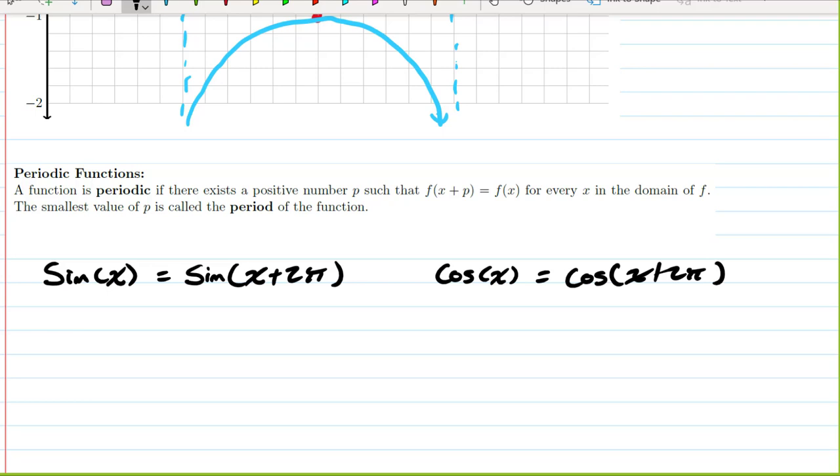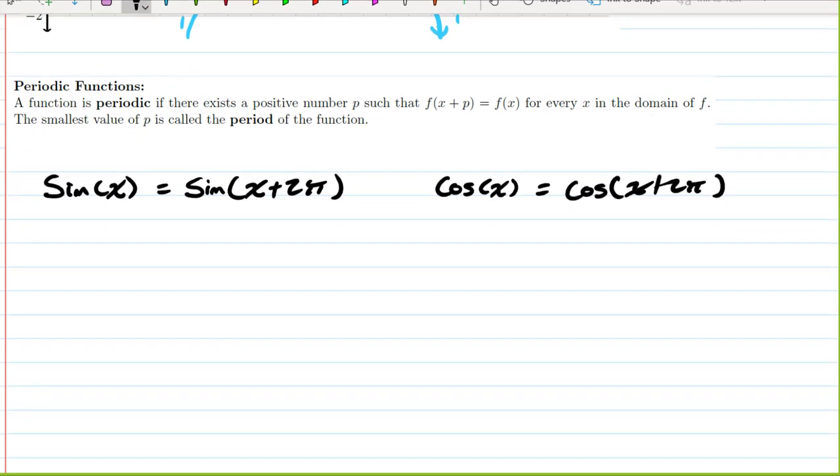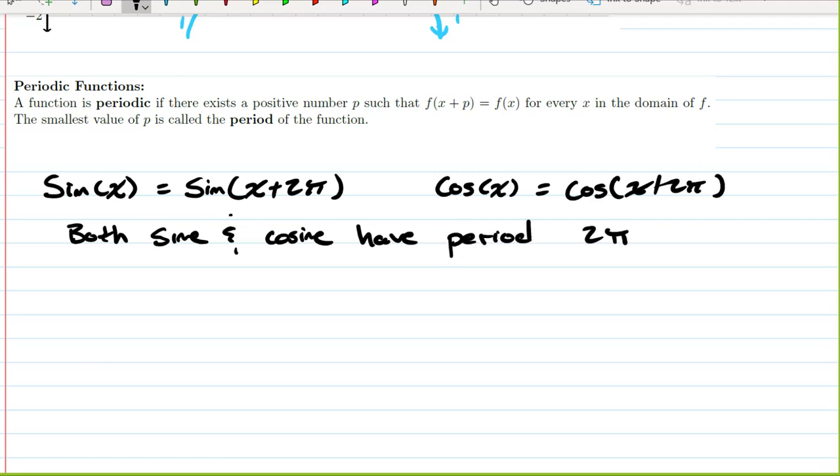And x plus 2 pi are coterminal angles. So we're going to note here that both sine and cosine have period 2 pi.